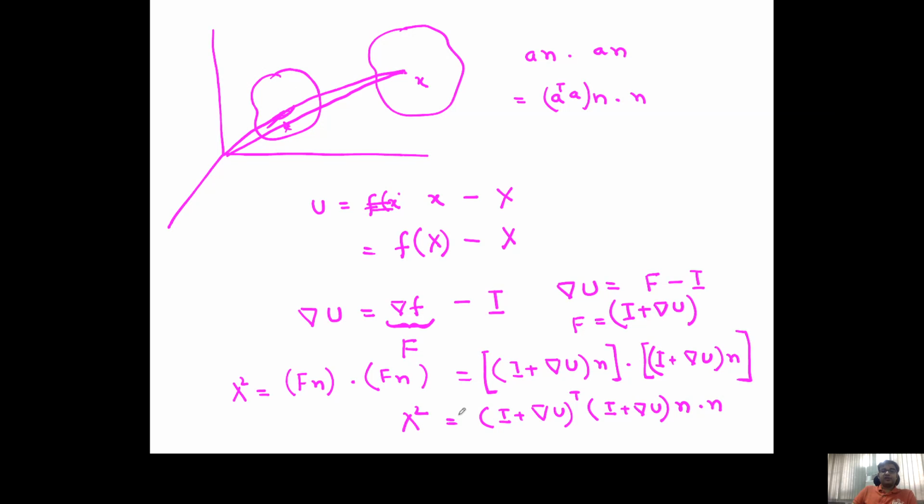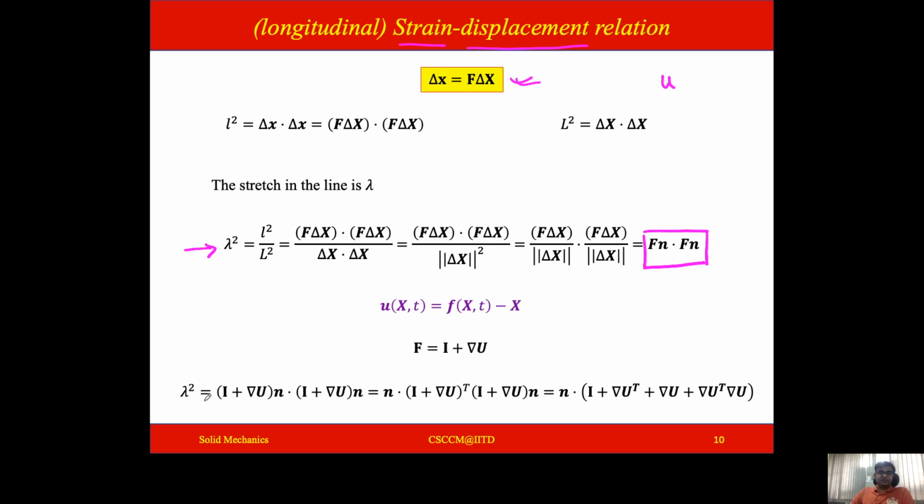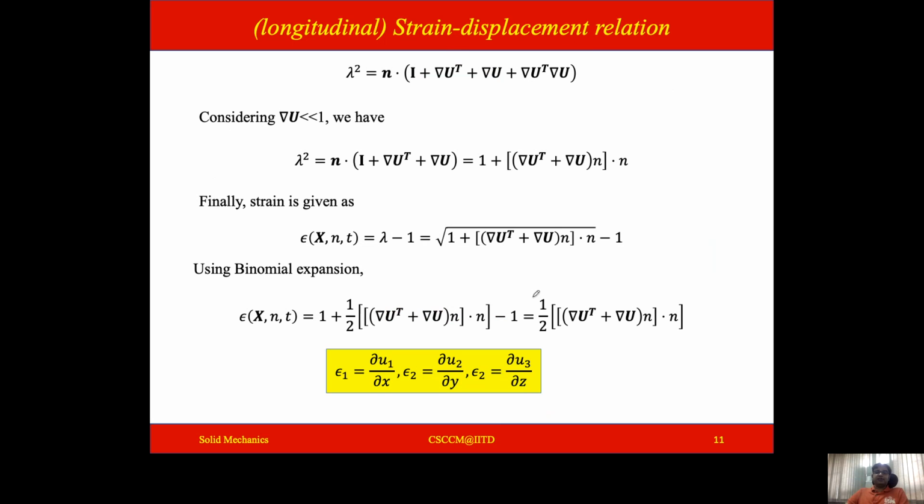And this is lambda square. So we do that thing here also. Lambda square is I plus gradient of u transpose times I plus gradient of u n dot n. I have kept it in the middle, but you can also move it to the side now. Okay, let me go to the white screen.